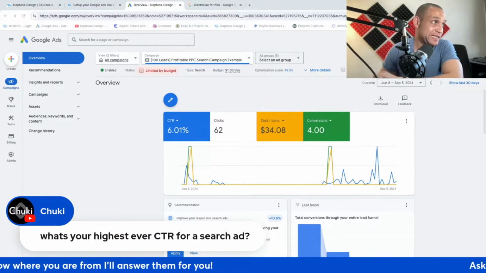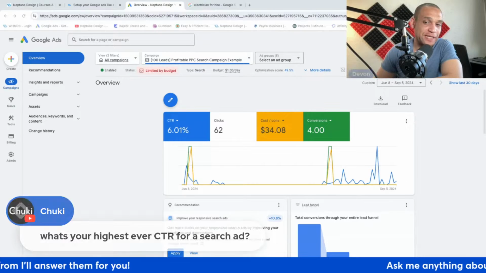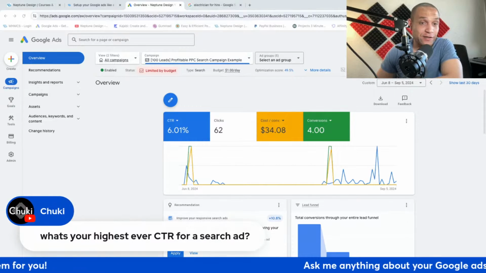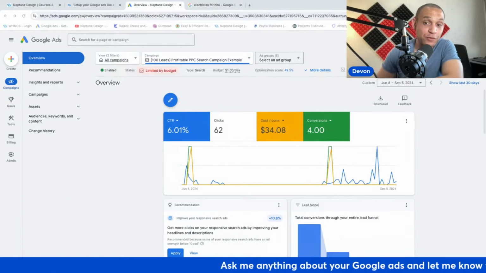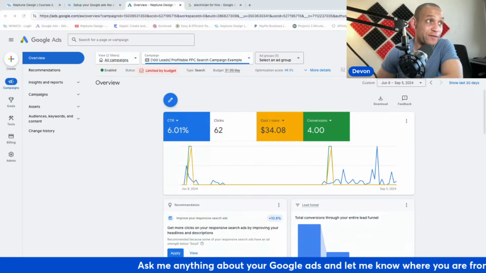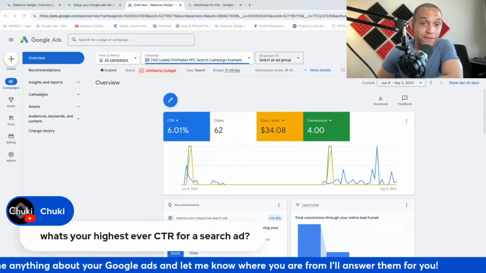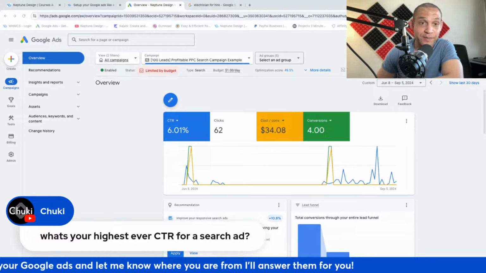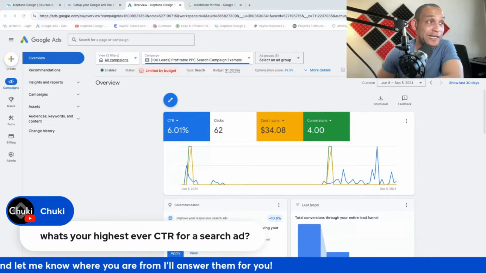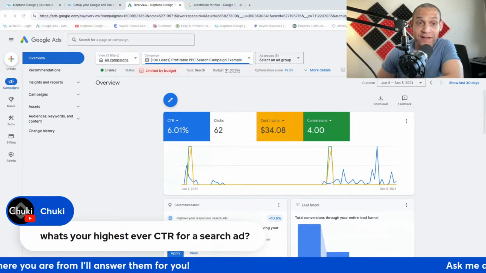I think it was an 18% click-through rate, but you're going to struggle to get that. If you have a competitive niche, it's going to be very hard. You should be aiming for above 5%. If you're above 5%, you're doing okay. If you're above 10%, you are doing absolutely amazing. If you're below 5%, then you've got a lot of work to do on your ad copy.